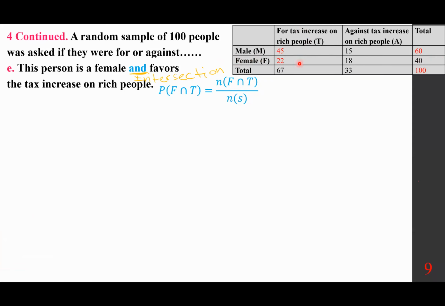These are the T, or in favor of tax increase. What's in common? If you were to draw a line here and a line here, they come together at 22. So 22 is in common between the two groups, 22 over 100. The rest you simplify and it's very straightforward.